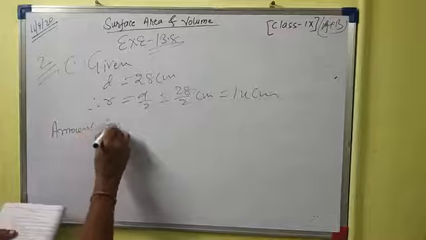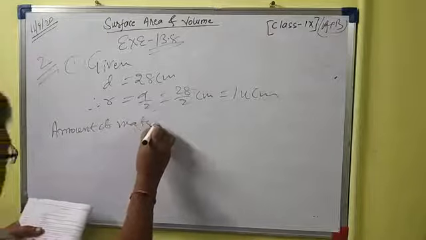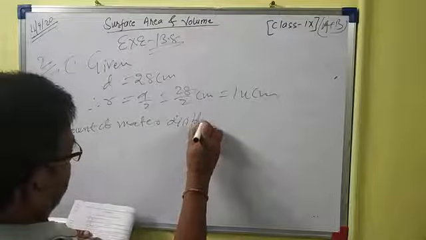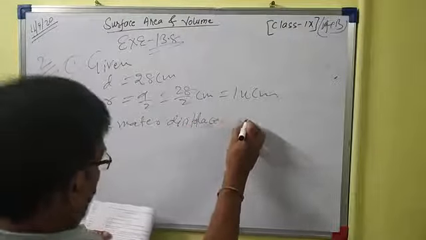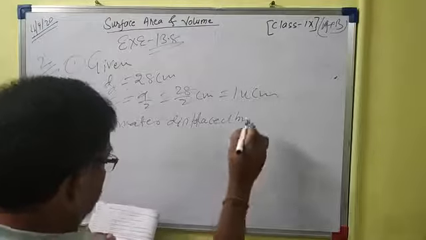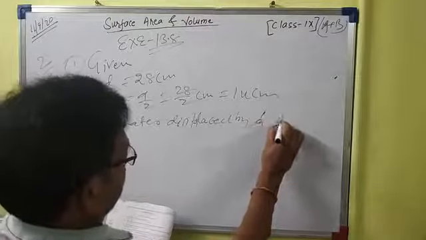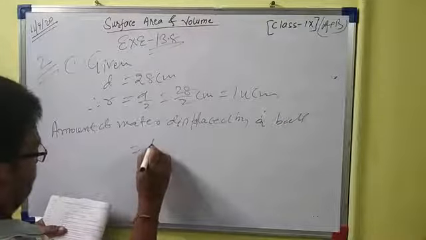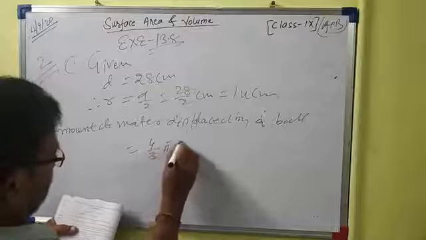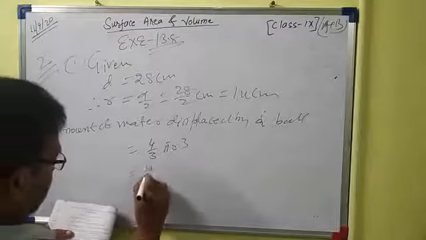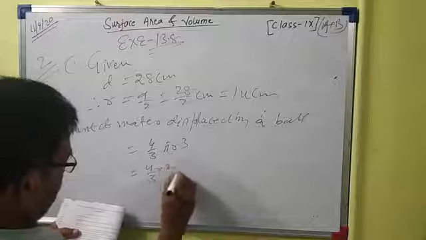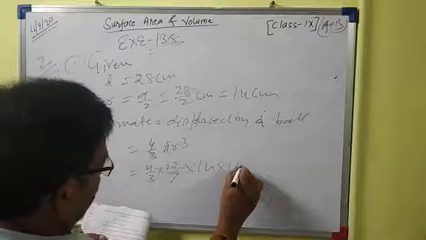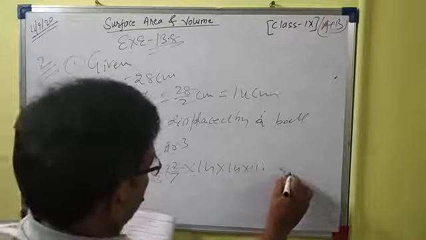Amount of water displaced by a ball equal to 4 by 3 pi r cube, 4 by 3 into 22 by 7, r means 14 into 14 into 14 cm cube.